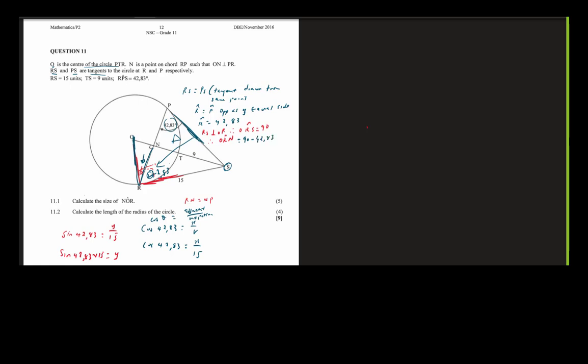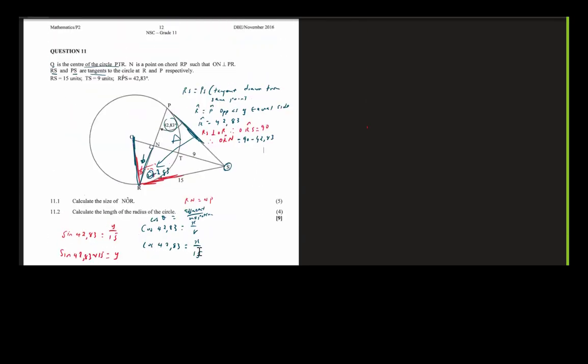How much do we get when we say 90 minus 42,83? Yes, 47,17. Good. Thanks. This angle here is 47,17.